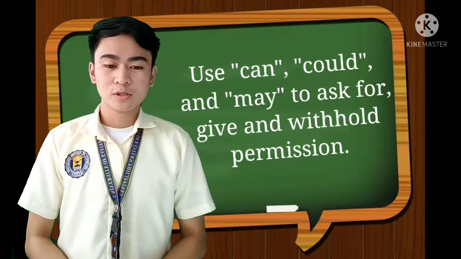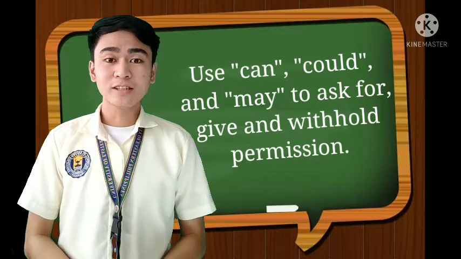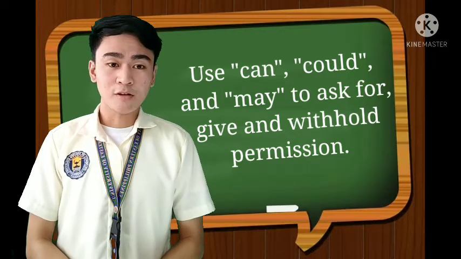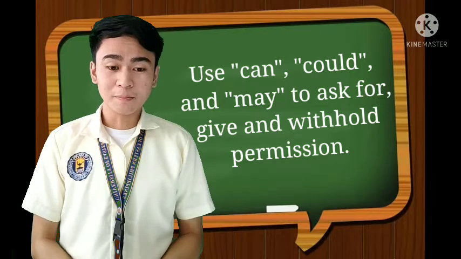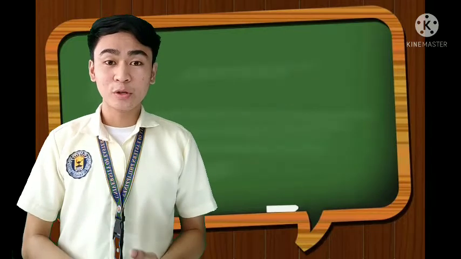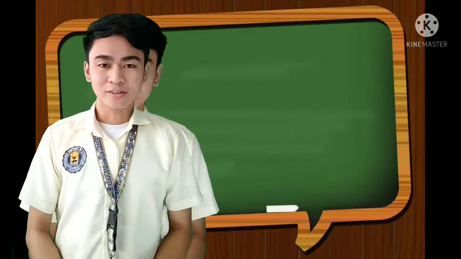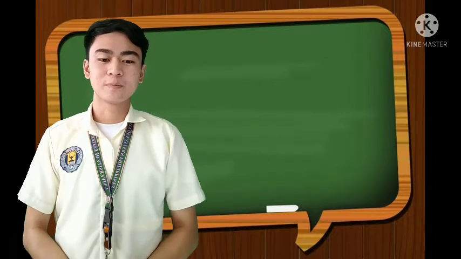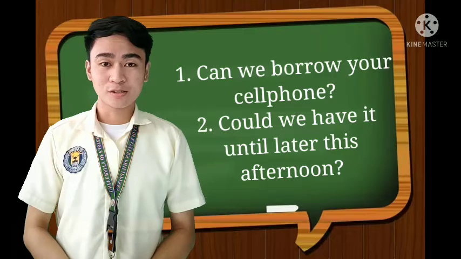The third category of modal verbs, which includes the second purpose of the words can and could, with the inclusion of the modal verb may, is used to ask for, give, and withhold permission. An example sentence on this category of modal is, can we borrow your cell phone just for a bit?